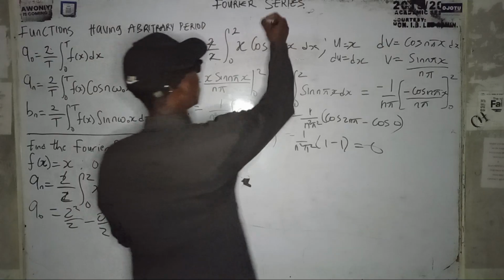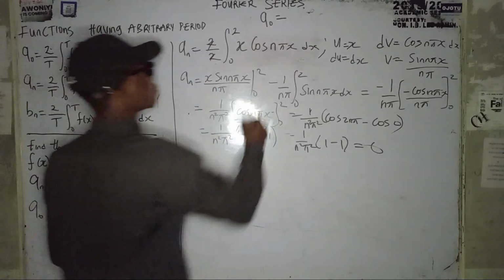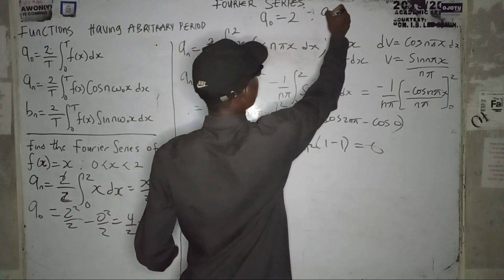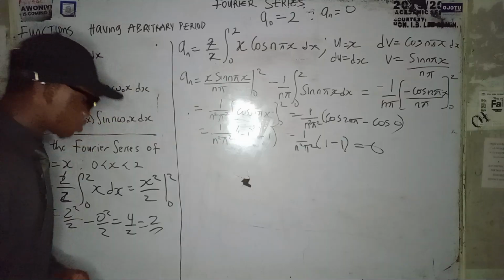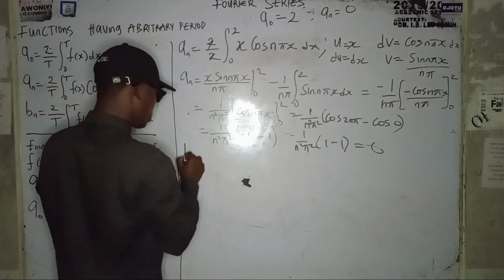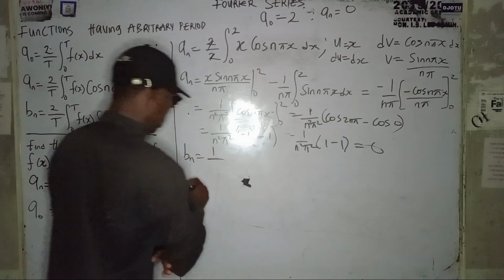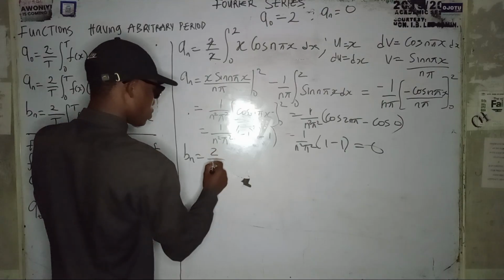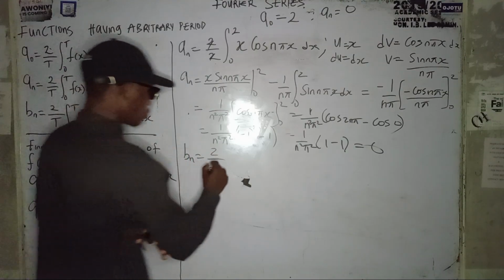We can put it up here. Our a naught is equal to 2, and also our an is equal to 0. So now that is for our an. So we move to our value of bn, which is 2 over T. Our T here is 2.